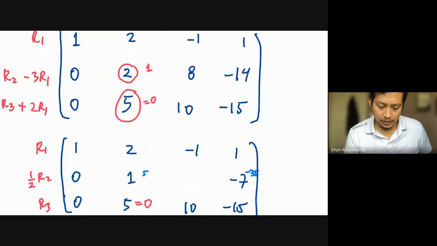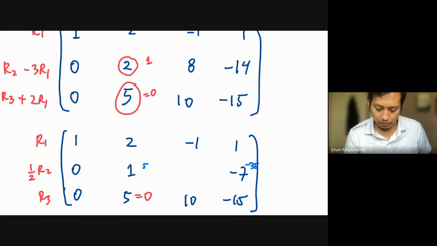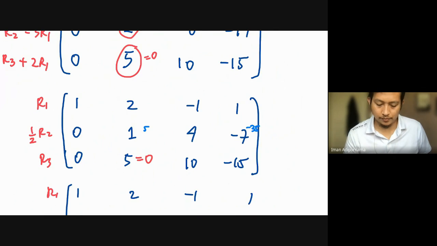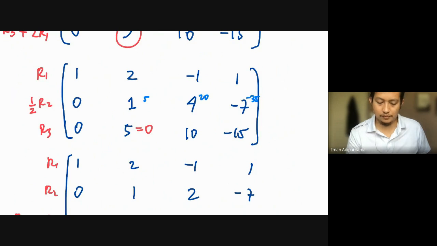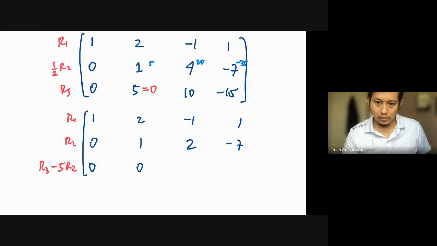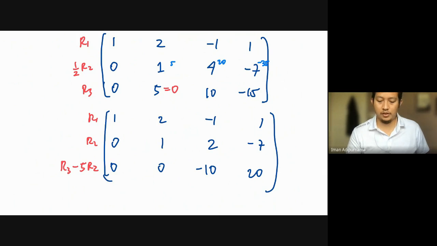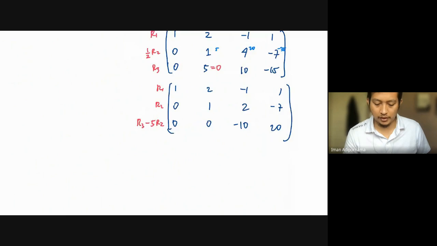It's divided by 2. It should be 4. Okay. So it should be 20. Okay. And 10 minus 20 is negative 10. And negative 15 plus 35 is 20. And now this is our row echelon form here.